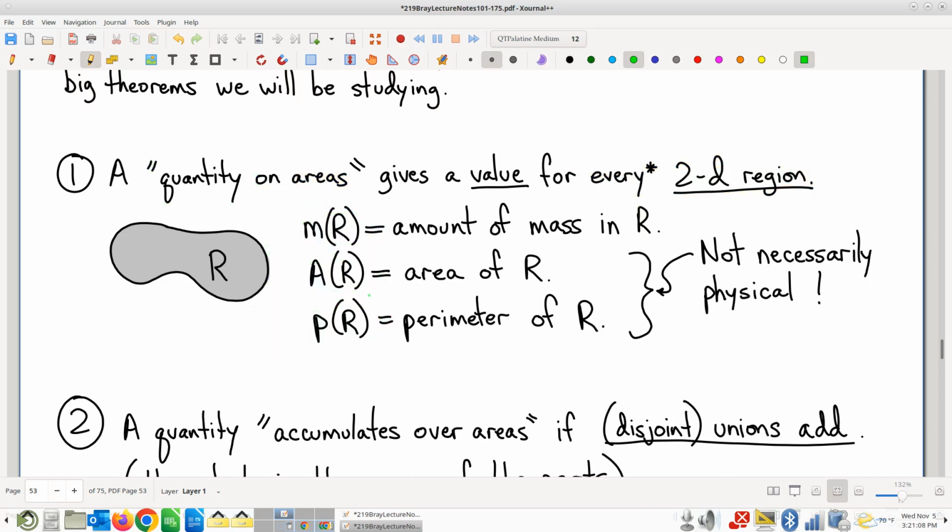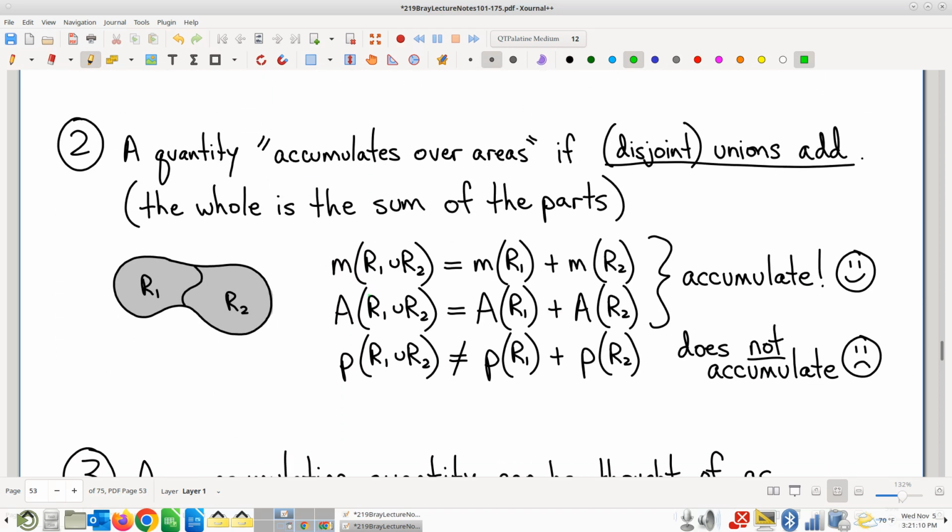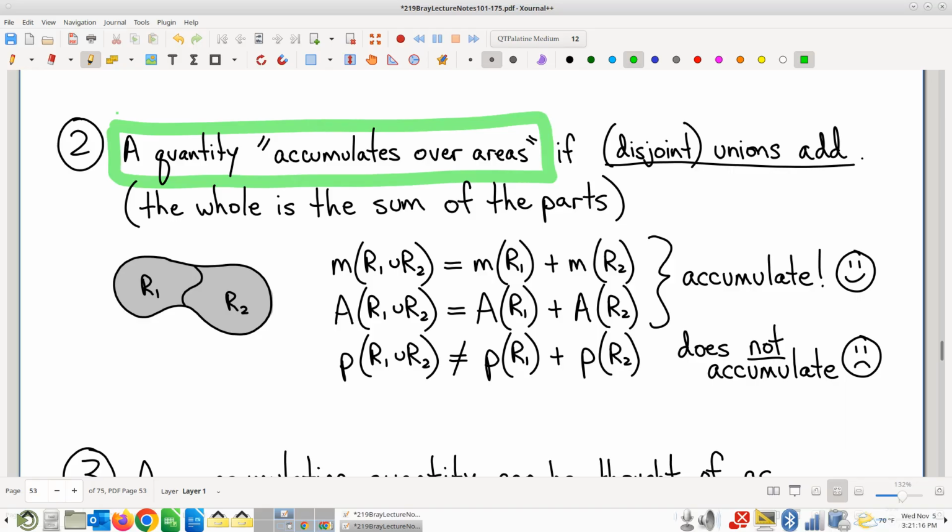And then we talked about an idea that we've actually talked about a lot previously, this idea of an accumulating quantity. Specifically, I'm saying a quantity that accumulates over areas. What I mean is that when you take disjoint unions of the areas, like in the picture, we have R1 on the left, R2 on the right, and then we can look at the disjoint union, the whole defined by those two.